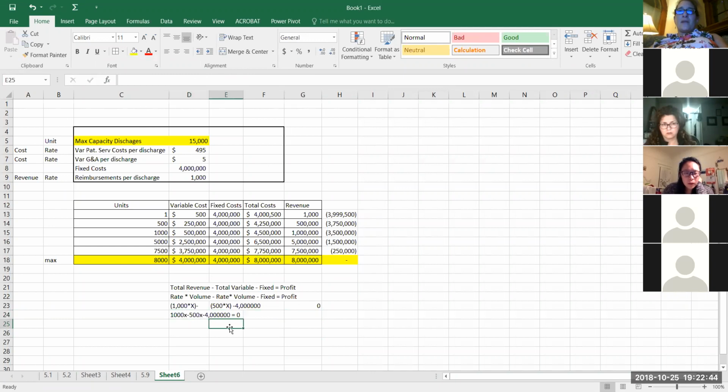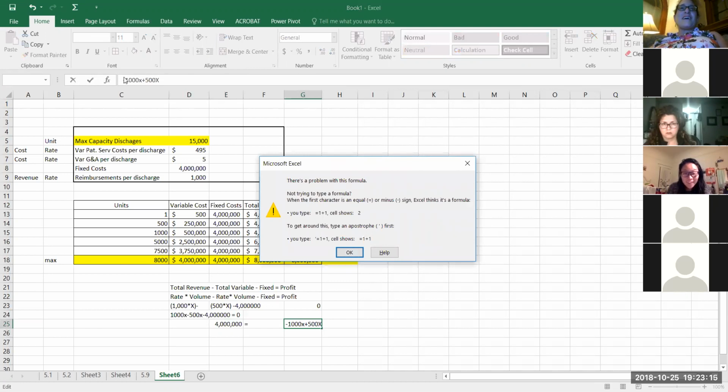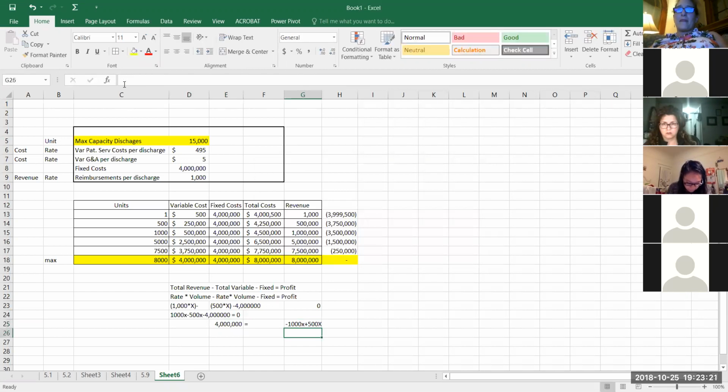So 4 million equals, and then we'll do 1,000x minus 500x. It should be positive. All right, and then, like you said, we can subtract them.